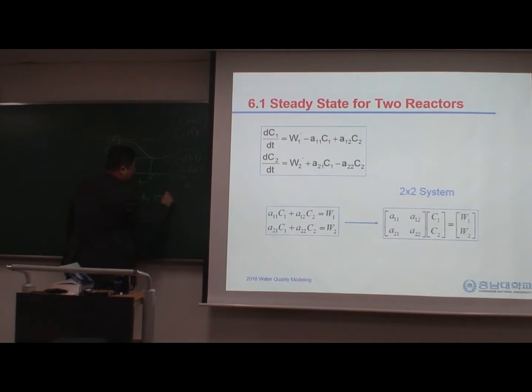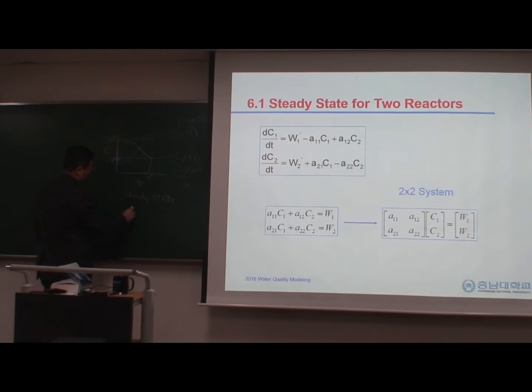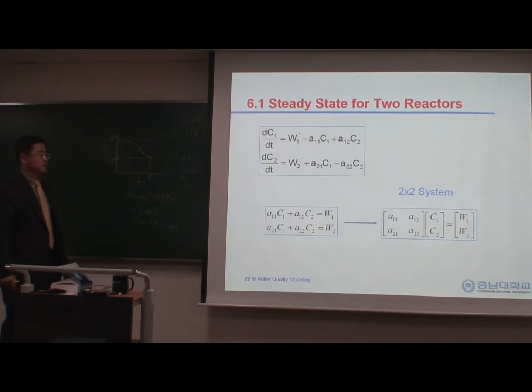it has a few different meanings. Concentration at infinite time, or concentration at equilibrium. If everything reaches some kind of state that is steady or the same or independent of time, then we can say it is steady state.